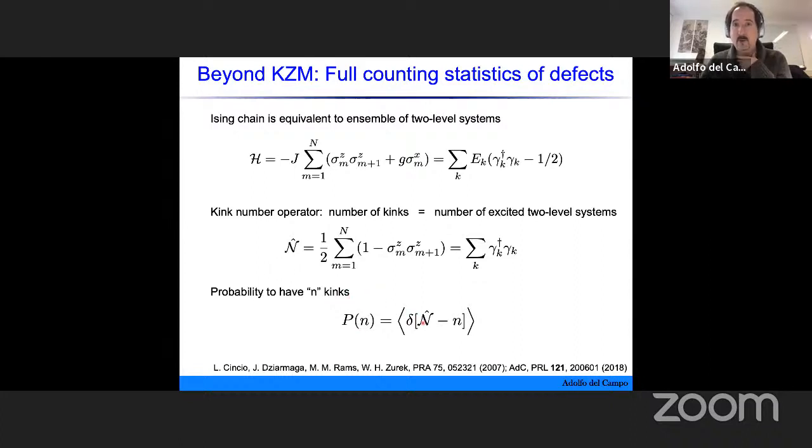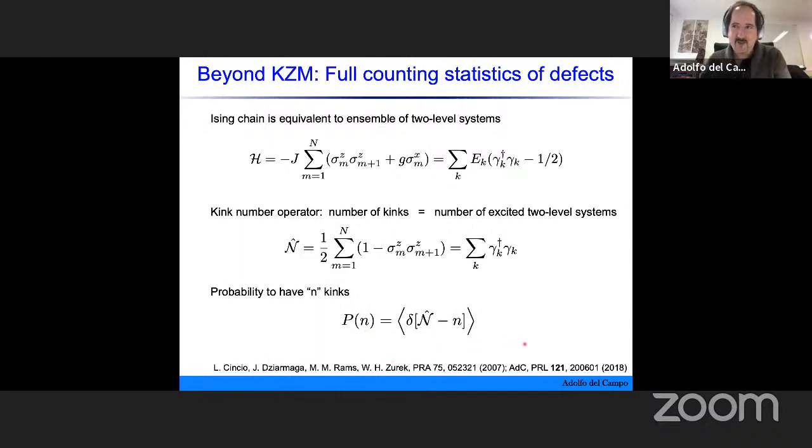This operator has eigenvalues 0, 1, 2, up to infinity, the number of topological defects, and you define the probability that a well-defined number of kinks appears. So, the probability that an eigenvalue comes out in a measurement.